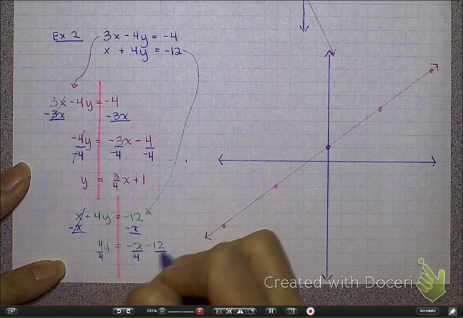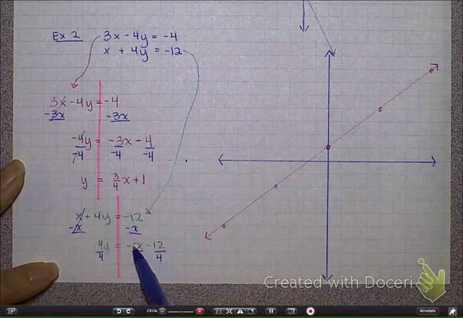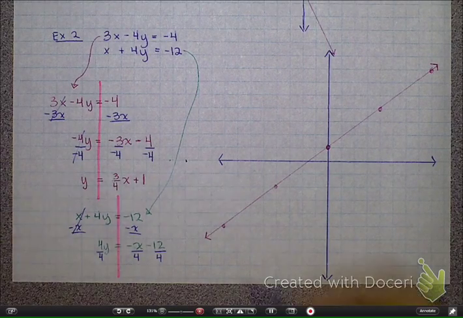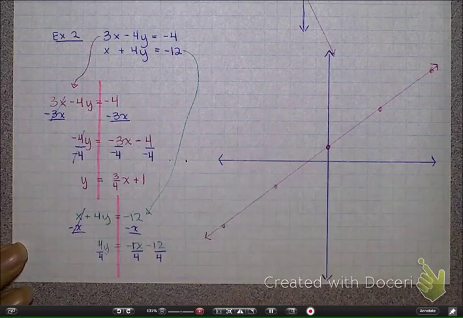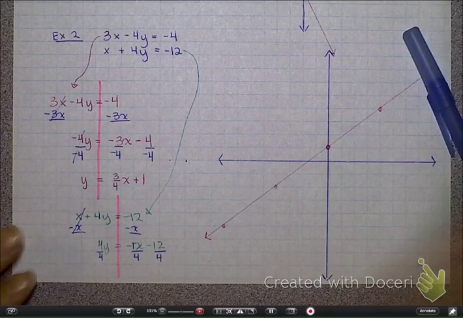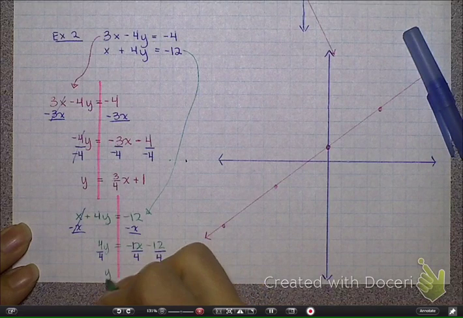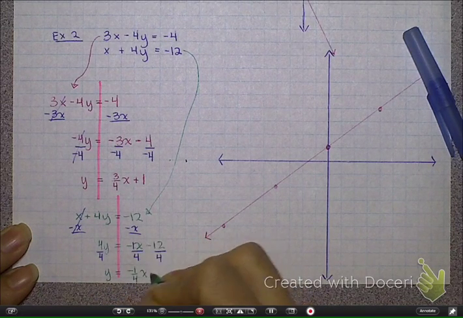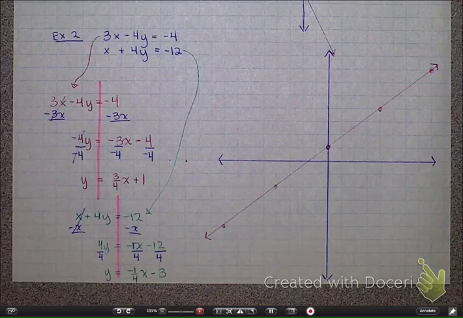Now remember, when you don't have a number next to x, what number is really there? 1, -1, right? So just assume there's a -1 there, and so for our final equation, we're going to have y equals -1/4 x minus 3. Is everyone following how we got that?